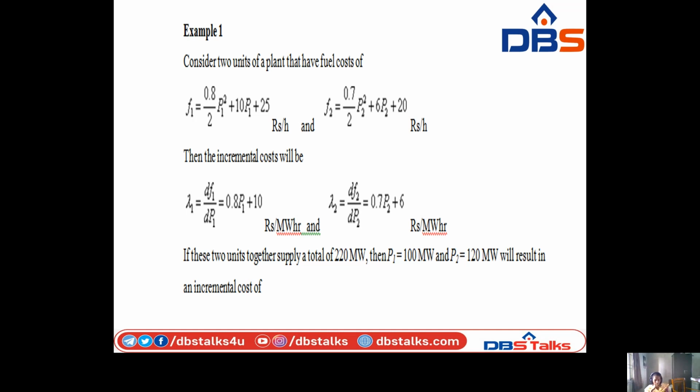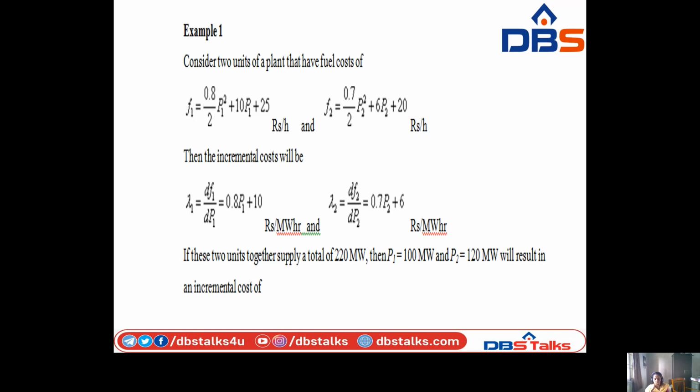So next problem. In this example, consider 2 units of a plant whose fuel costs are given. Fuel cost F1 equal to 0.8 by 2 P1 square plus 10 P1 plus 25 rupees per hour. So the fuel cost is calculated in rupees per hour. And F2 equal to 0.7 by 2 P2 square plus 6 P2 plus 20 rupees per hour.